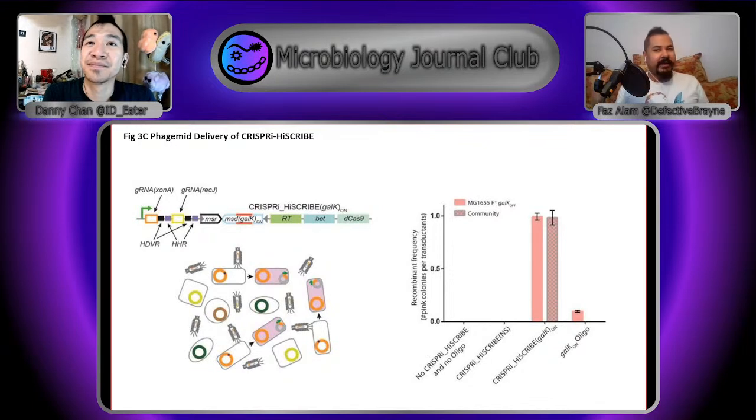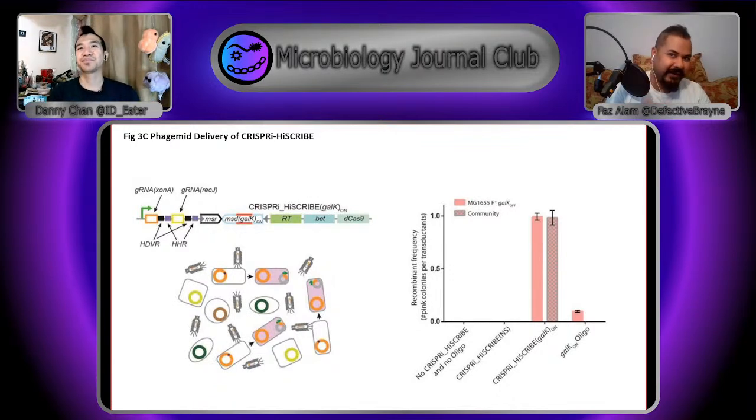So if you're trying to study a bacteria in a community and you have a phage that can target that bacteria, suddenly you have a new system that you can use to target and genetically engineer this community.